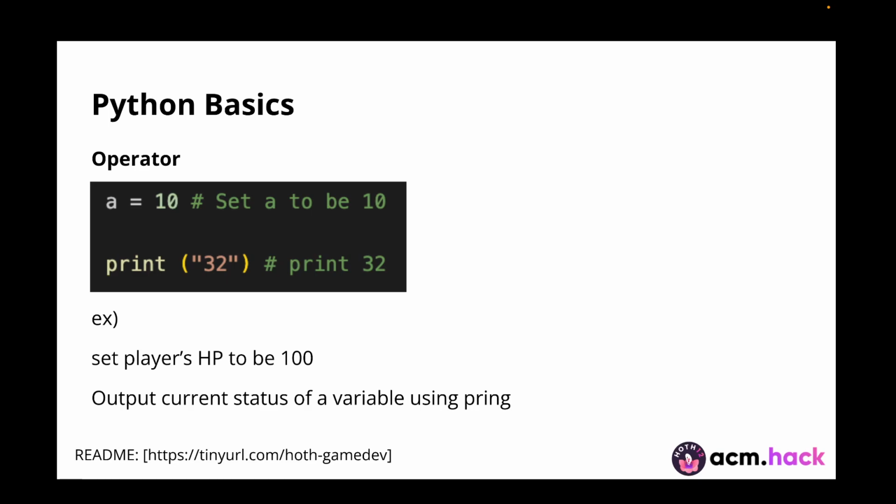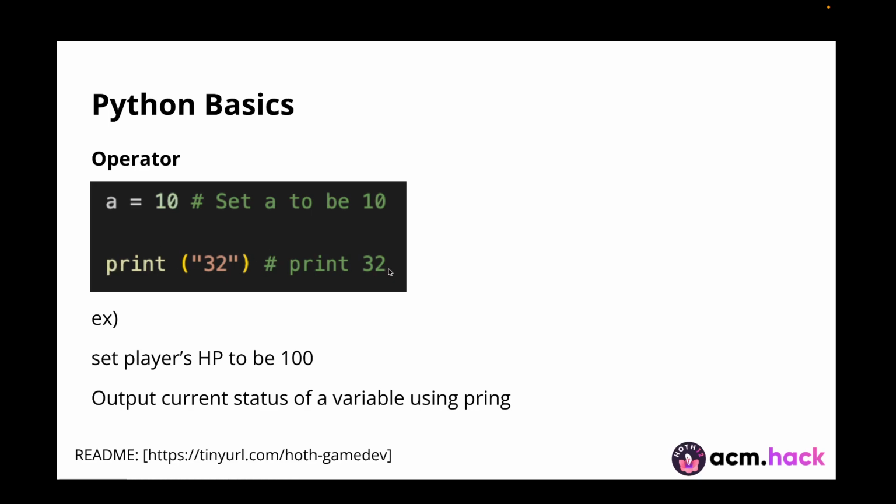So the operator is basically a line of code that does something. For example, here, if we say a equals 10, we set the variable a to be 10. So later on, if we refer to a, that means we're referring to the number 10. For example, if we print a times 5, then that would give us 50.